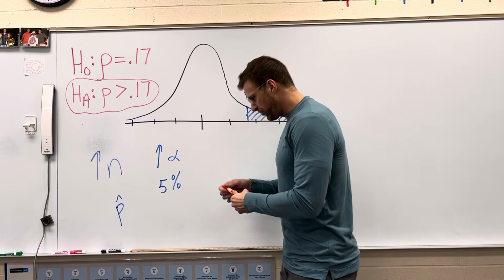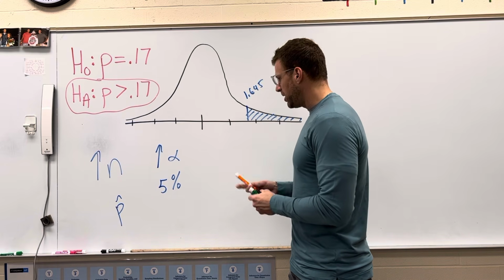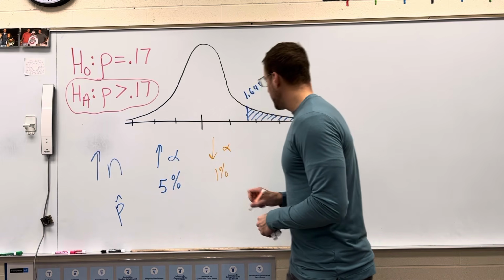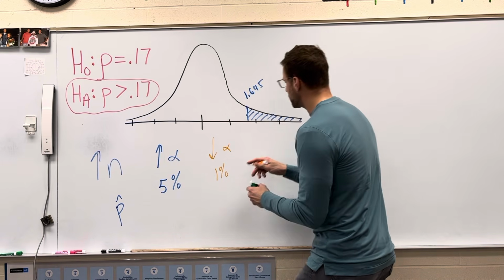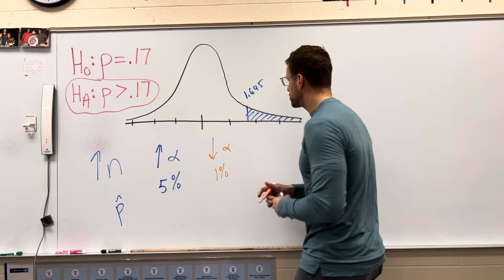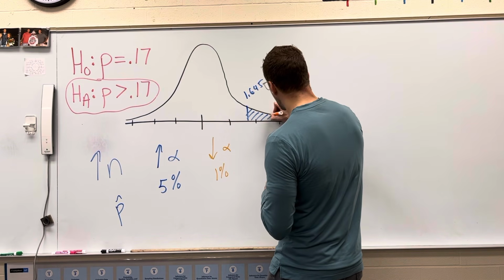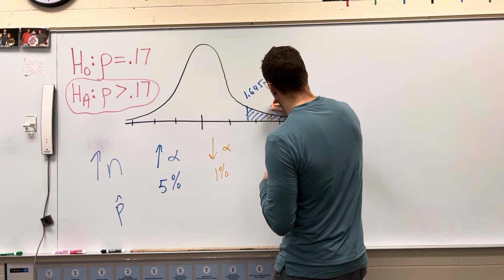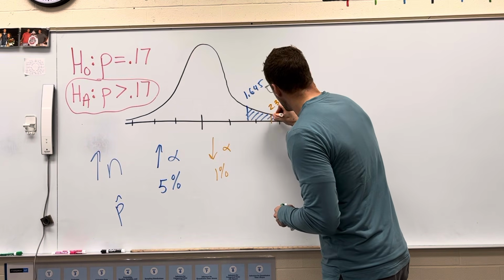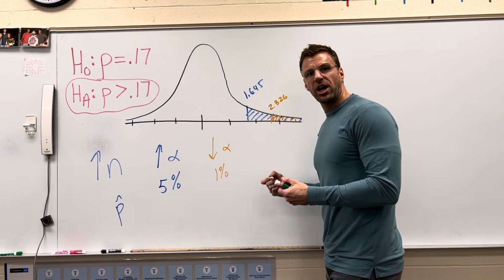Now, think about if we were to instead use a lower alpha value of 1%. An alpha value of 1% means that only the top 1% of samples are going to force us to reject. That is a z-score of 2.326, I believe. So that's going to essentially shrink our rejection zone.